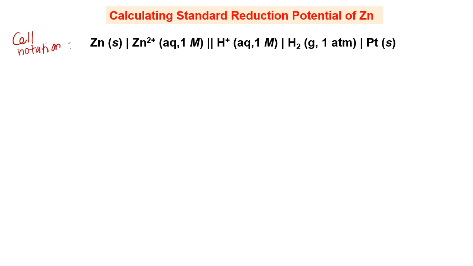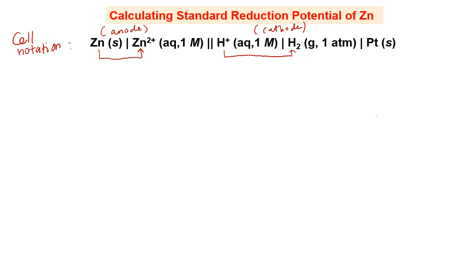From this cell notation, over here is our anode, and over here is our cathode. It shows the process. At the anode, the process is oxidation of zinc to zinc 2 plus. And then at the cathode, a reduction process, reduction from H plus to H2 gas over here.